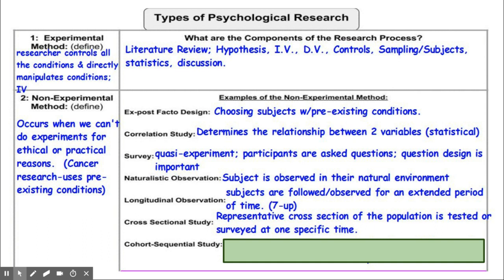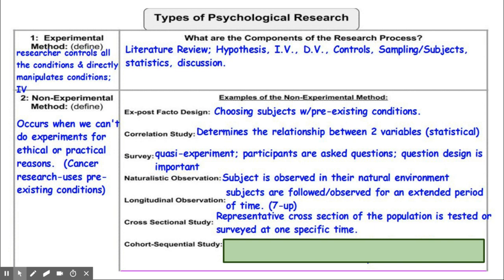So I could design a cross-sectional study to get a lot of input about health-related issues, looking at people from senior citizens to middle-aged people, to young adults, to teenagers. I can do this in one setting, maybe over the course of a year, and be done with it. So it does have some positives because it's not as time-consuming as a longitudinal study.